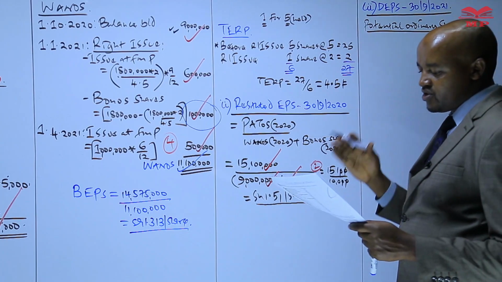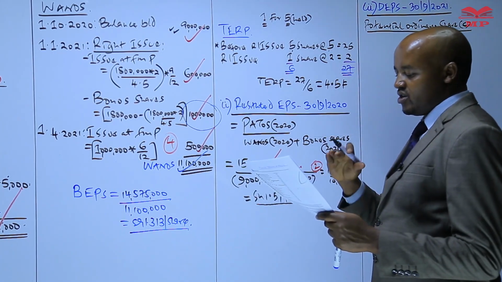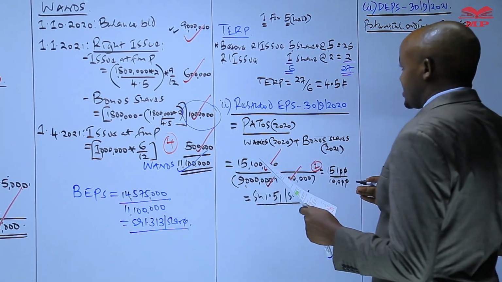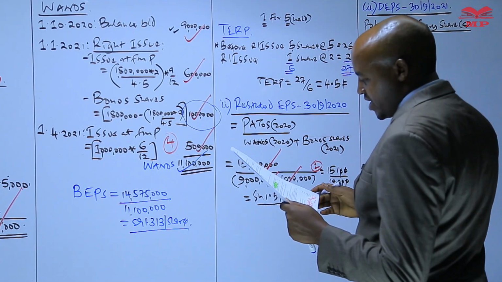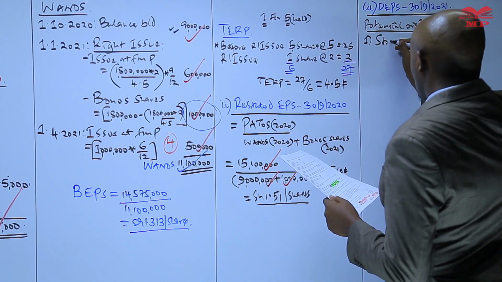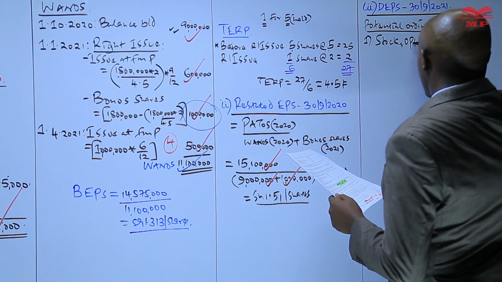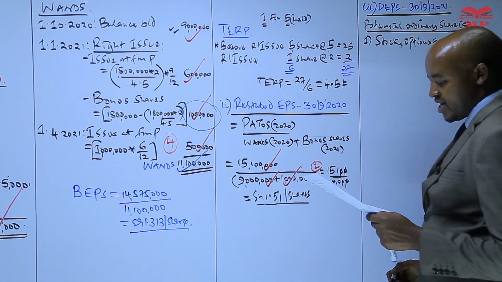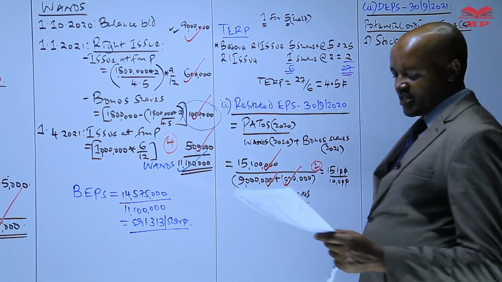I've said here you check for convertible securities which the company may have issued, and stock options which may have been granted to the employees and which are to be exercised in the future. Now, number 1, from the information we have in paragraph 2, we are told this company had granted the employee stock options. And take into account these stock options are to be exercised in the future, they automatically qualify to be potential ordinary shares.